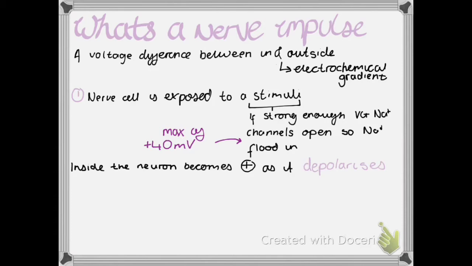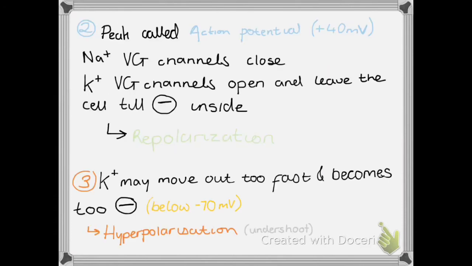This causes the inside to depolarize as it now becomes positively charged instead of negatively charged. The max positive charge that the inside of the neuron can actually reach is around plus 40 millivolts. This is quite a big change from the resting potential, which is around minus 70 millivolts, and this peak is called the action potential.